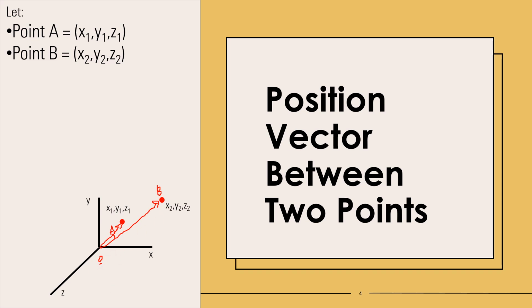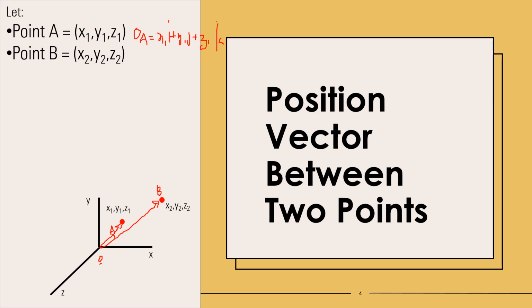So how do we write the position vectors now? Again, it's simple, the vector representation. OA will be x1 i plus y1 j plus z1 k.